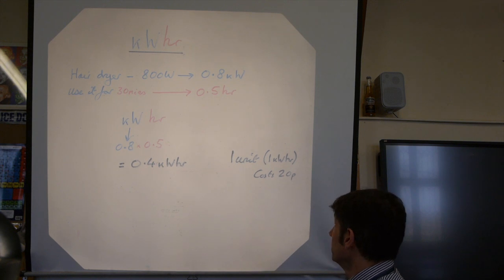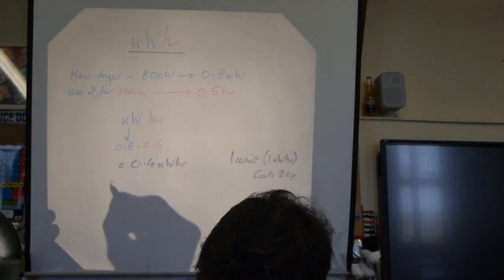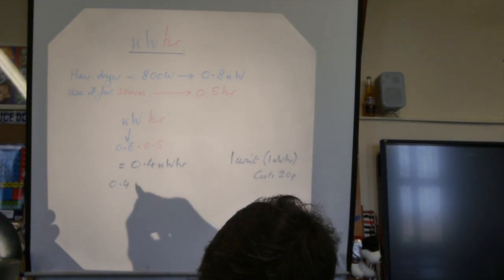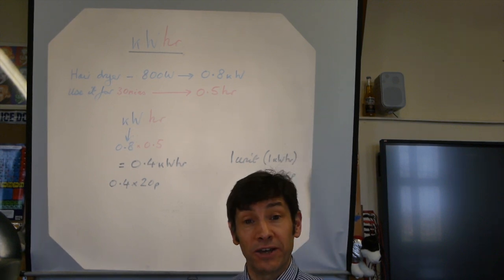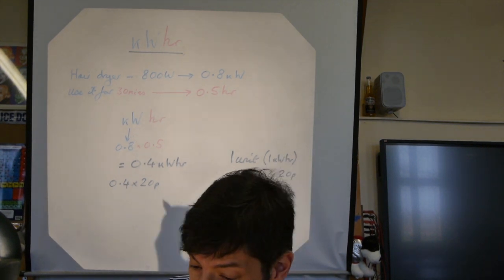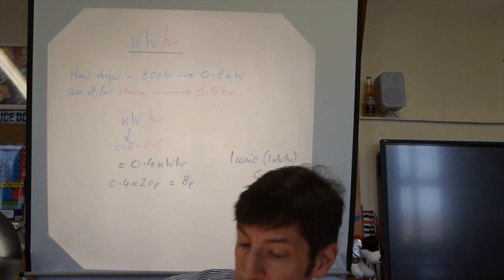Okay, so you've got to say, oh, we only used 0.4, so 0.4 of 20 pence, and you can bash that out on your calculator if you want, nothing wrong with that, is 8 pence.